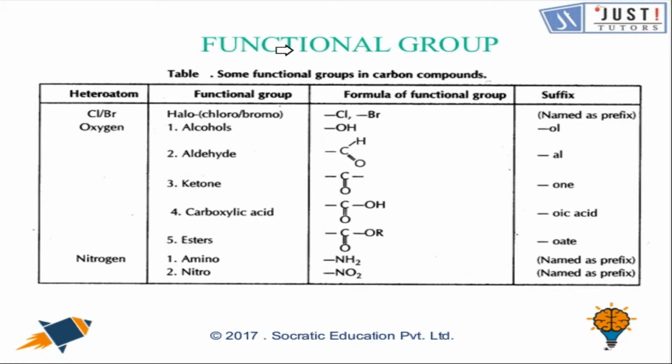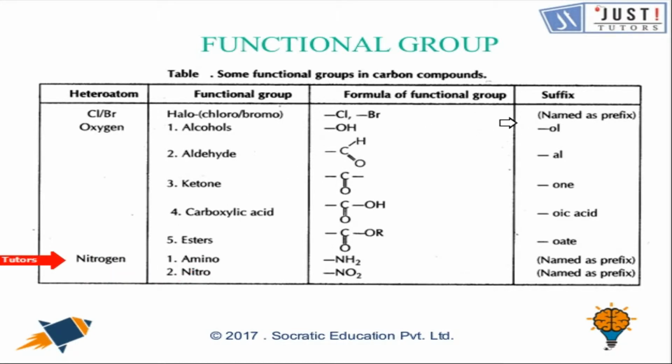These are some functional groups like halo groups. Halo groups are made up of halogens like chlorine and bromine, so the heteroatoms are chlorine and bromine. Then we have other groups: alcohol, aldehyde, ketone, carboxylic acid, ester, in which the heteroatom is oxygen, and then we have the groups amino and nitro, in which the heteroatom is nitrogen.